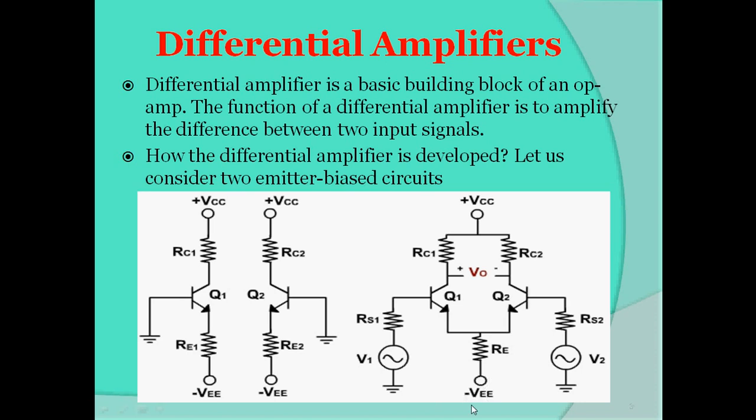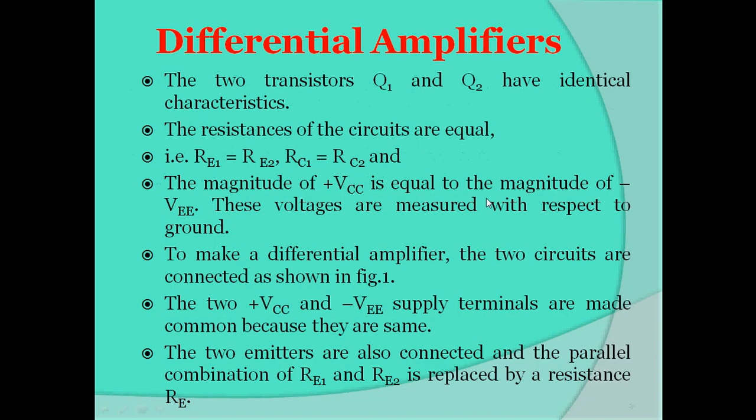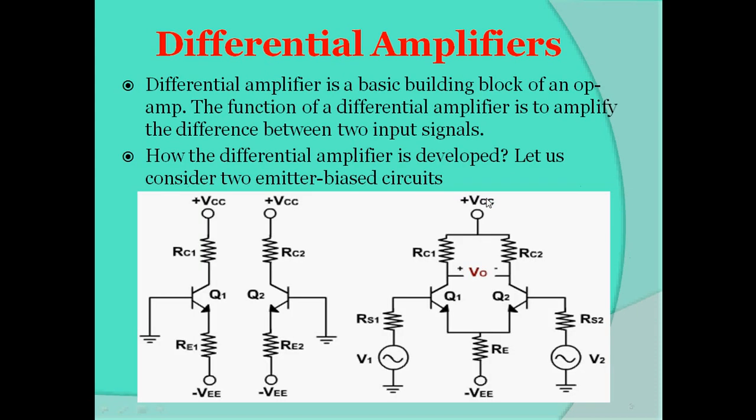So we have connected minus VE here, plus VCC is connected here, and because the RE1 and RE2 resistors are connected, both the emitters are also connected here. E1 of transistor Q1 is connected to E2 of transistor Q2. So the resistor RE1 is in parallel with resistor RE2, and its equivalent resistance is RE. RE is simply RE1 in parallel with RE2.